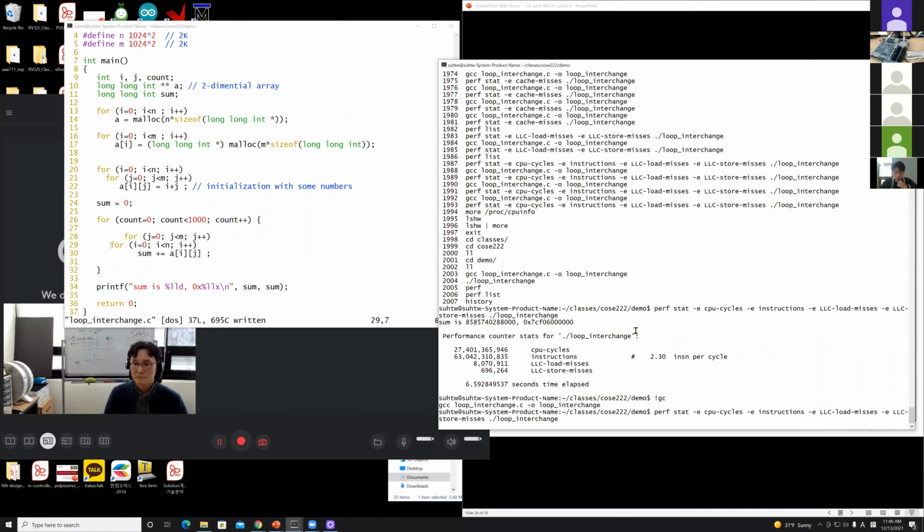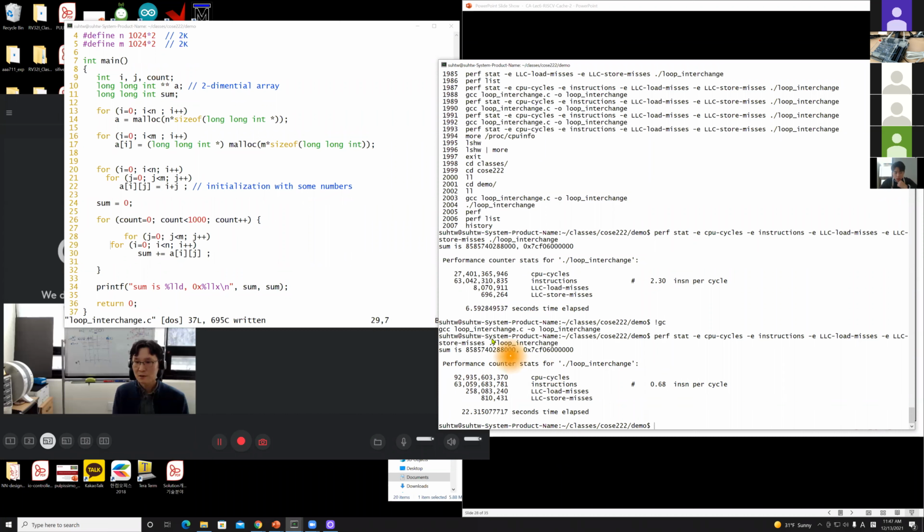Here, now look at this. Number of instructions, roughly the same, 63 billion instructions here, 63 billion instructions, right? Same number of instructions. CPU cycles, 92 billion clock cycles for the cache unfriendly code, versus 27 billion.